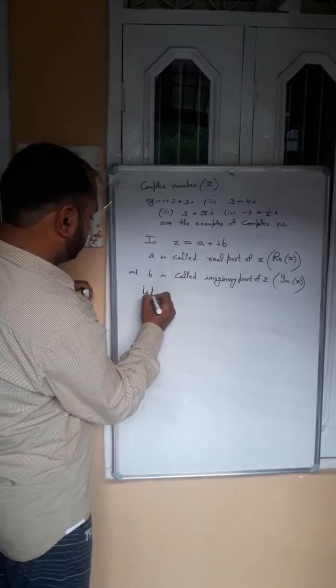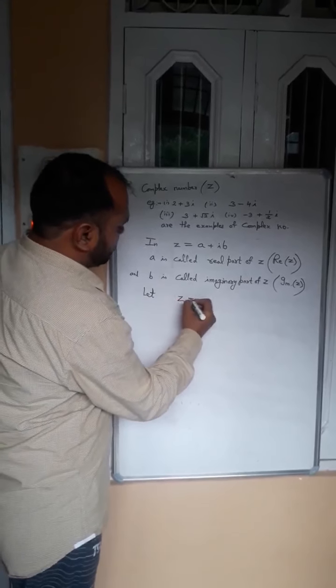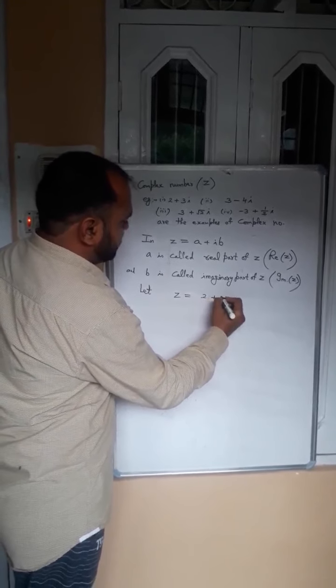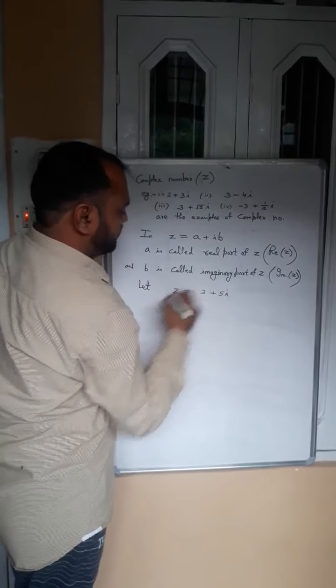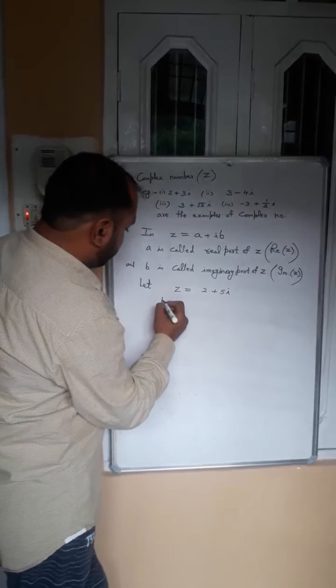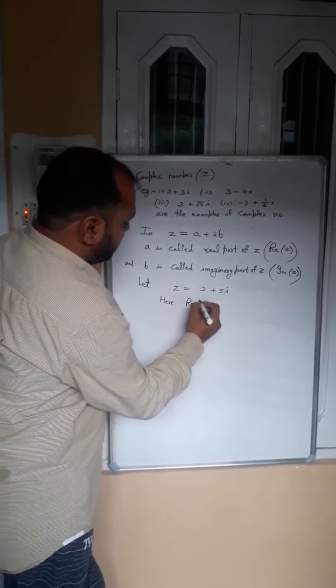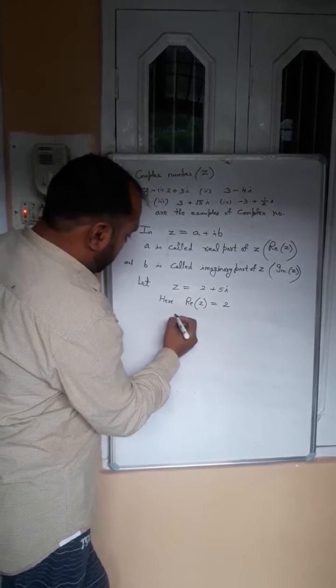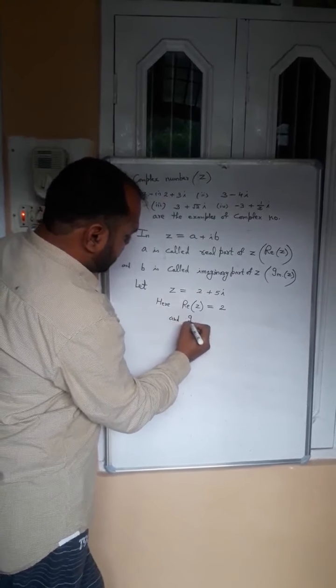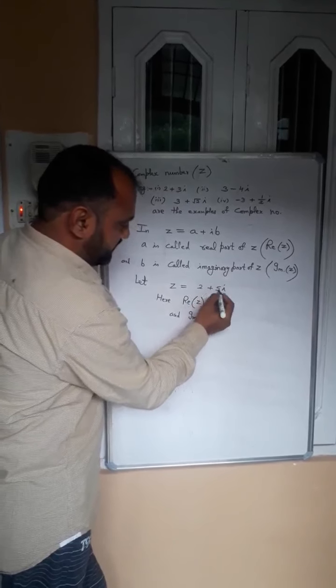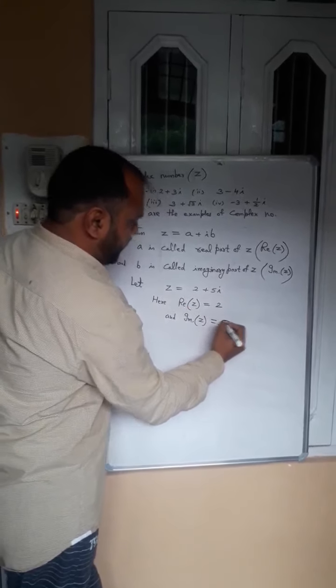Let z is equal to 2 plus 5 iota. Here the real part of this complex number z is equal to 2, and the imaginary part of the complex number z is equal to 5.